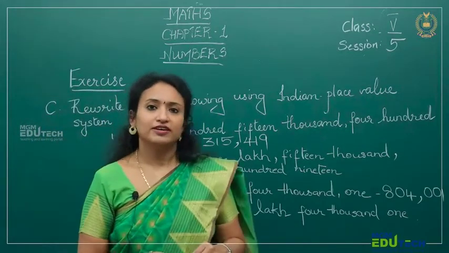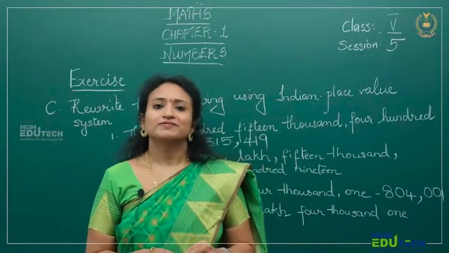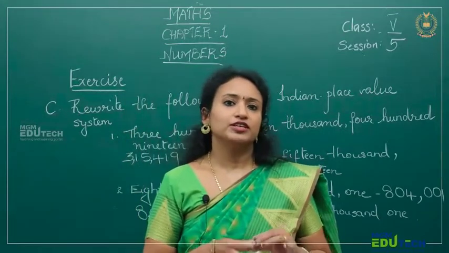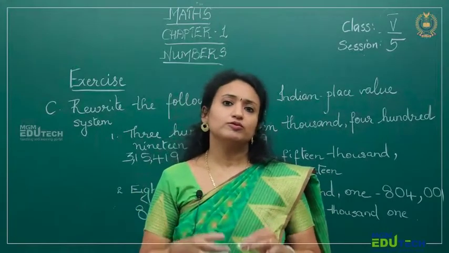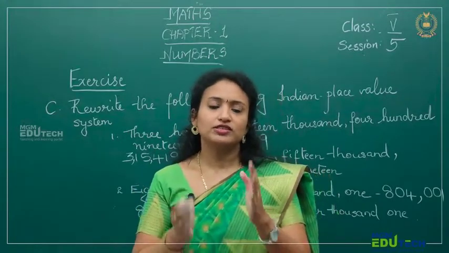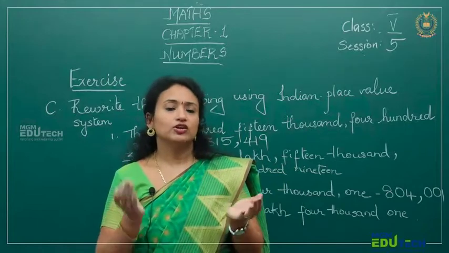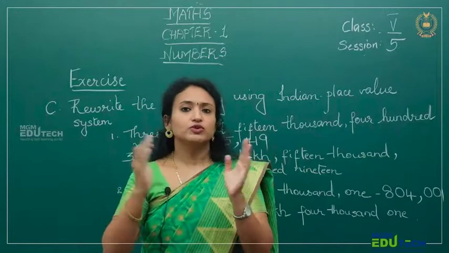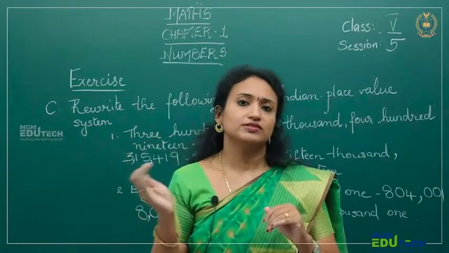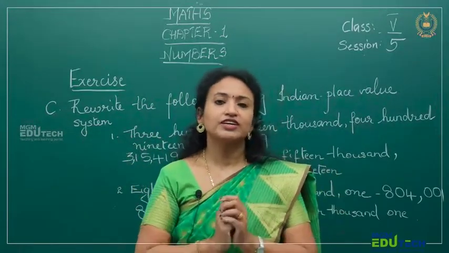Simple. Yes or no? Yes, it's very simple. So with this, we have finished the international place value system topic. So in today's session, what all did you learn? You learned about your international place value system and you had a comparison with your Indian place value system. Yes, so I hope it is very clear to you.